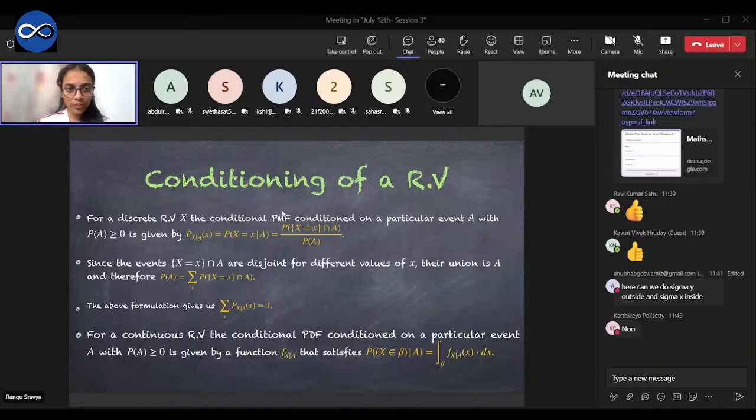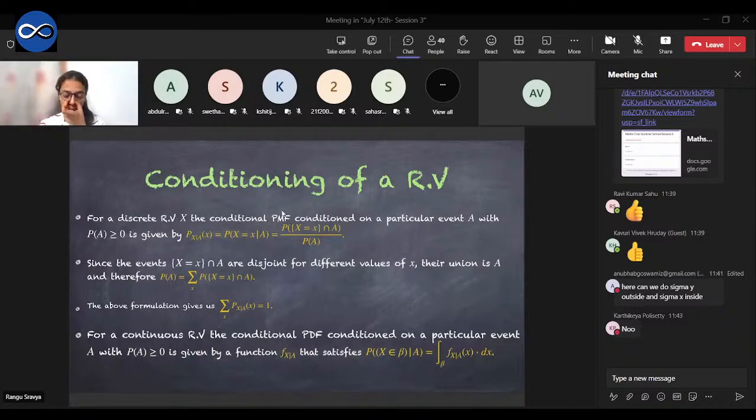For a discrete random variable X, the conditional PMF conditioned on a particular event A with P of A greater than 0 is given by P of X given A of x is equal to P of X equal to x given A, which is equal to P of X equal to x intersection A divided by P of A. Normally while discussing probability, we define conditional probability to be P of B given A equal to P of B intersection A by P of A, right?